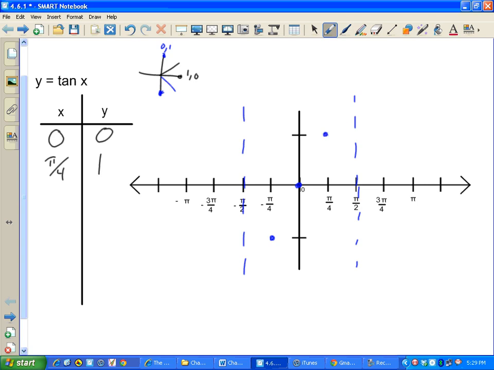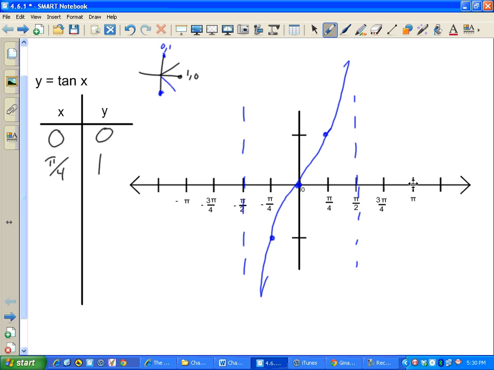So I'm getting closer and closer to infinity. Okay, so you get this kind of crosses here and then comes down, or approaches there. So this is it. Now it's going to repeat the same pattern on the other side of pi over 2.